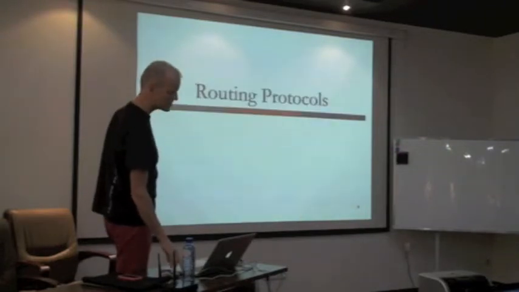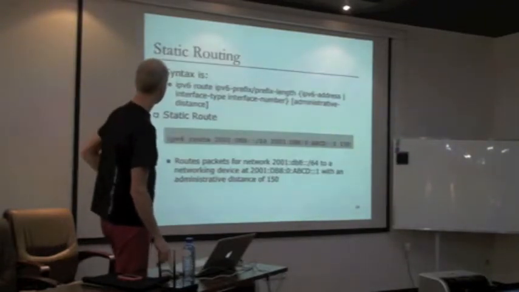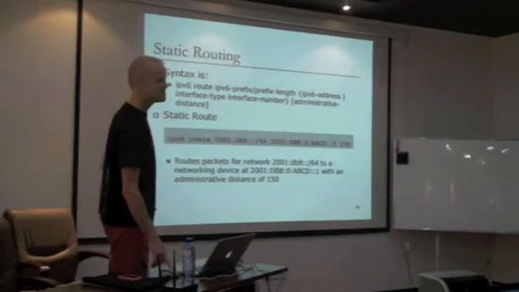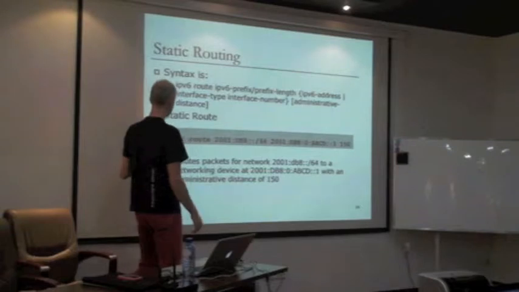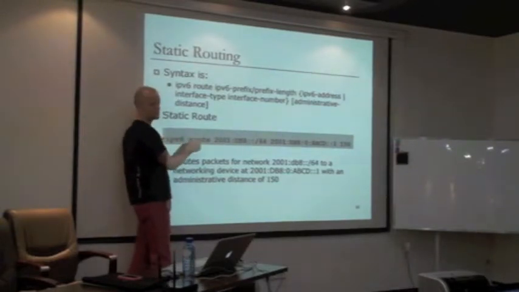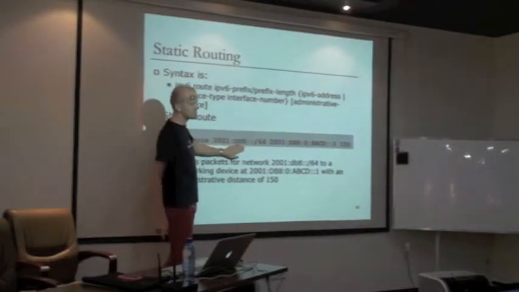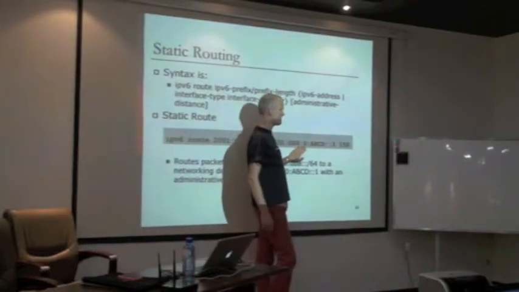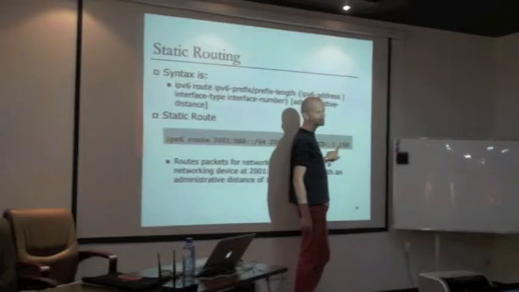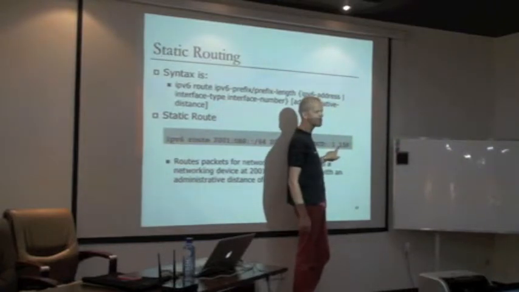So now we go to the routing protocols. Well, static routing, easy. It's the same as IPv4. Only now we say IPv6 route, the destination, the gateway, and any protocol distance we want to set. The default for static, of course, is 1.